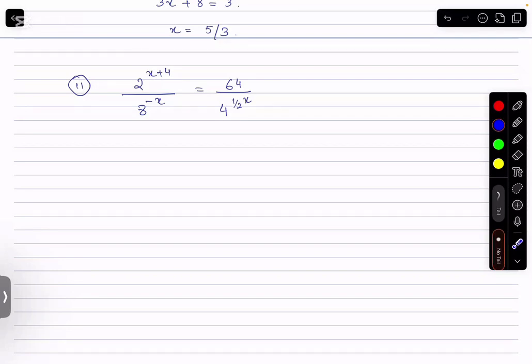Can I convert all of them to the base of 2? Yes. So start converting them. It's 2 to the power x plus 4. What should I have in the denominator? 2 to the power minus 3x. What about 64? 2 to the power 6. Right.